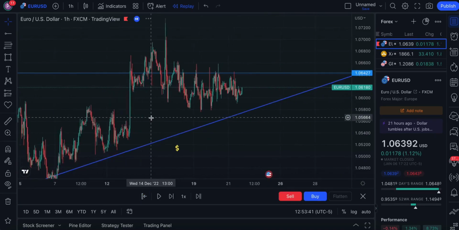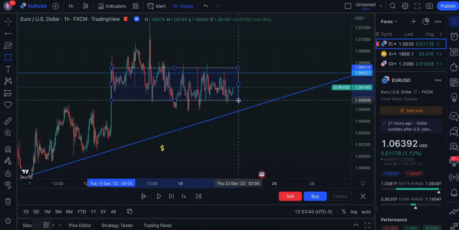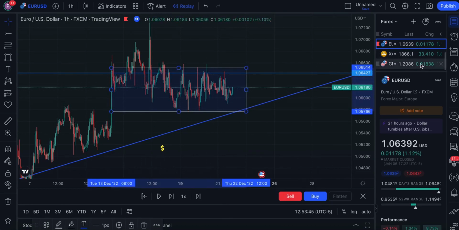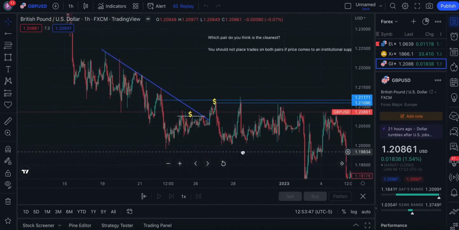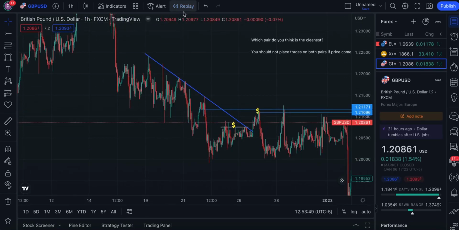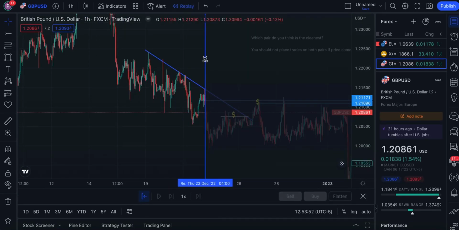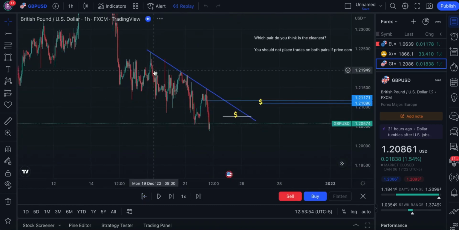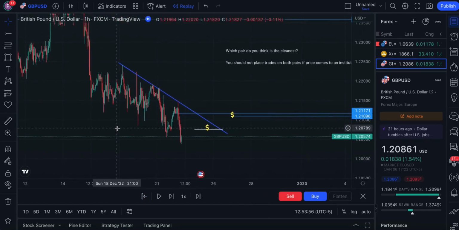Whereas on EU, what do we see? We just see price in this consolidation range, not even breaking out of it. Whereas GU is much, much cleaner. On GU, the same dates, we can see price actually trending. So in this instance, I would trade GU rather than EU. That's how you determine which pair to take a trade on.